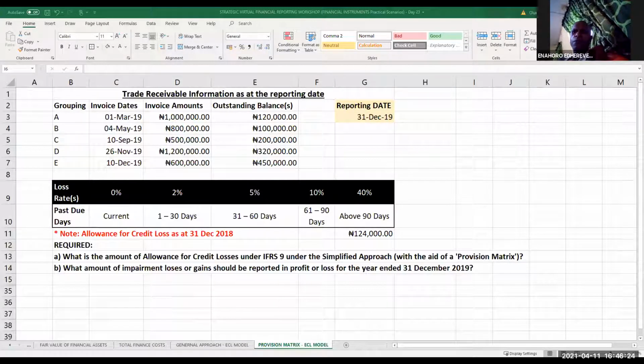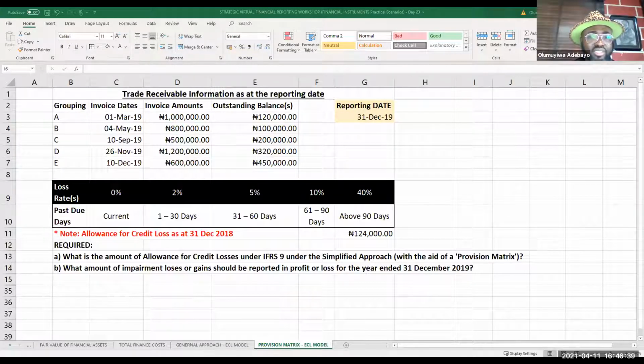So we now have another table. There is a percentage, 2%, 3%. Is that table important? They gave you loss rates.